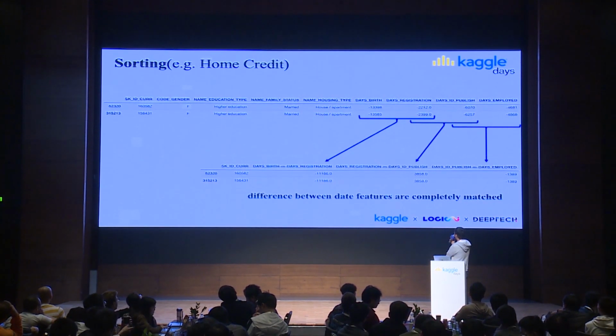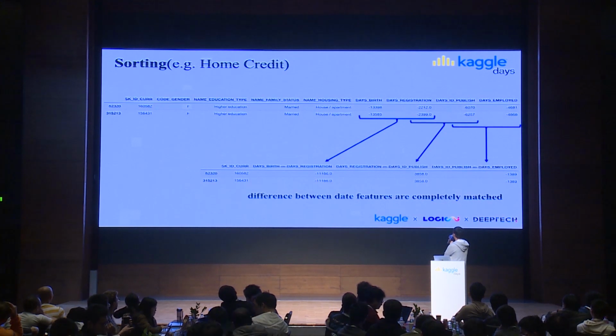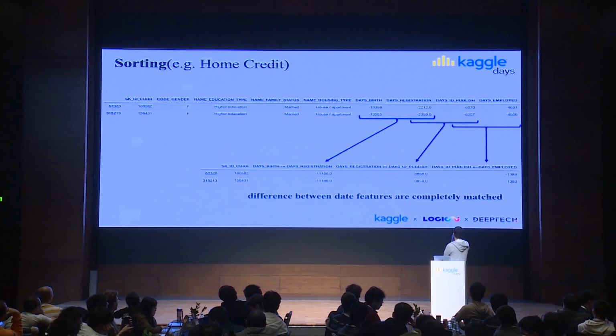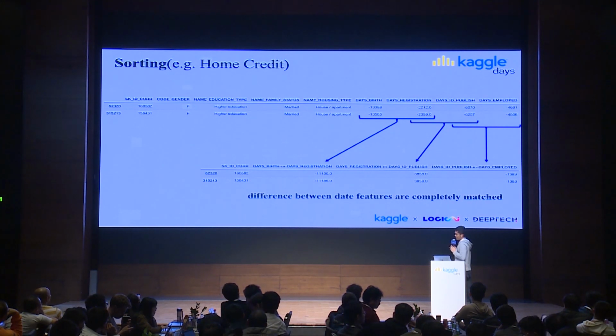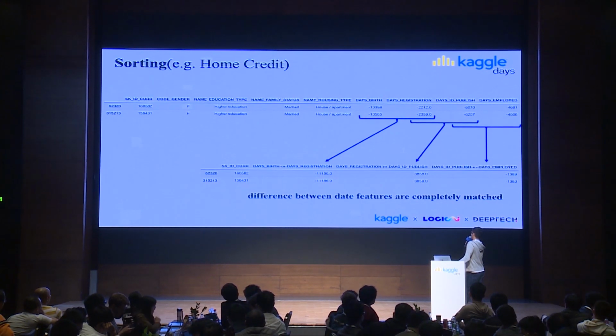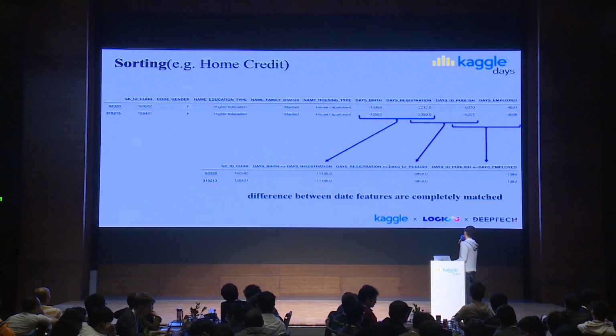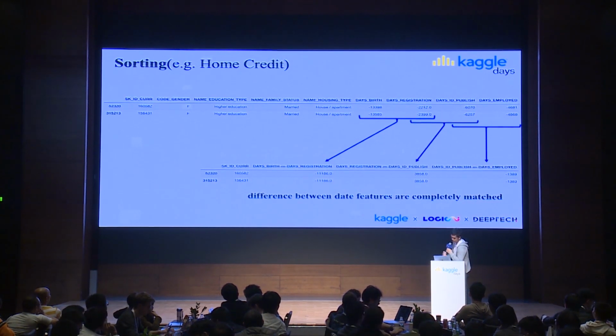For example, date birth minus date registration, date registration minus date ID publish, and days ID publish minus days employed. And then we can easily understand these users are the same because the differences are totally the same.